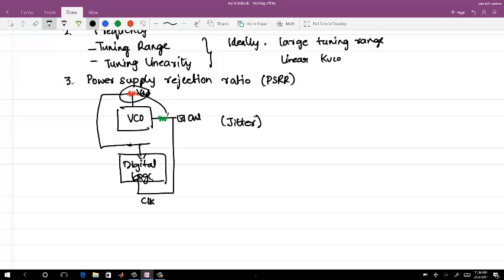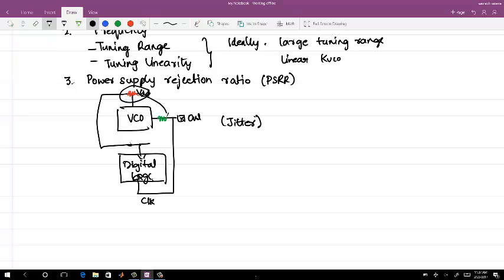So we have to take care of this for a simple single cell, single oscillator also, and when you are using this oscillator with other circuits nearby. This becomes also quite important when you are having multiple PLLs and oscillators on the chip.